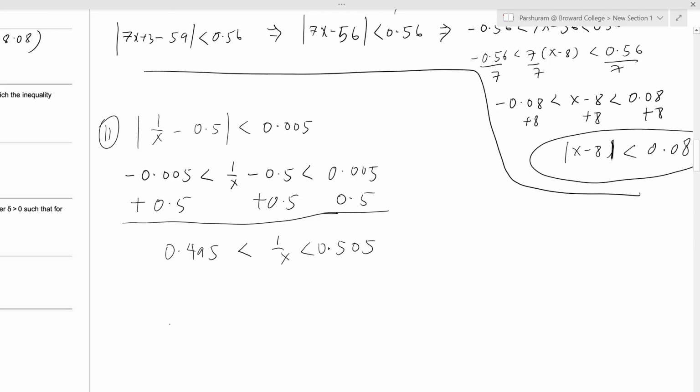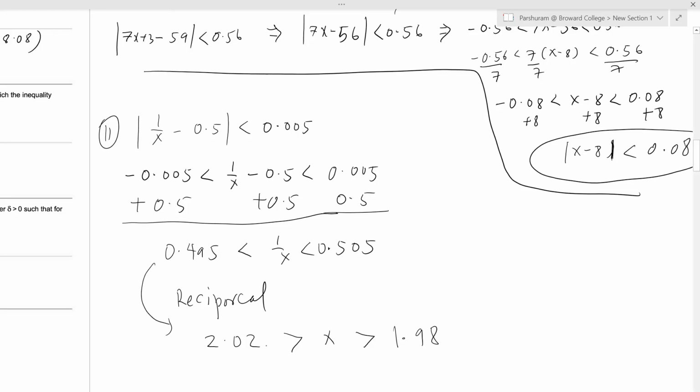If we take the reciprocal, meaning just flip it, 0.495 gives 2.0202, which is greater than x, which is greater than, flipping 0.505, 1.98. So the value of x should be between 1.98 and 2.02.